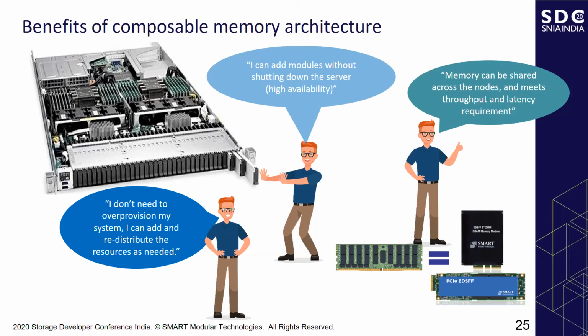Memory expansion can be achieved without changing the CPU architecture or adding new DDR slots. Gen Z also decouples the CPU architecture from memory technology, so users can upgrade their CPU or memory at an independent cadence. All this comes with scalability to add memory when needed.